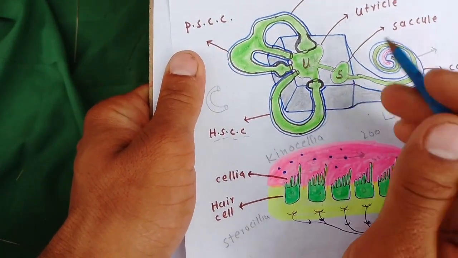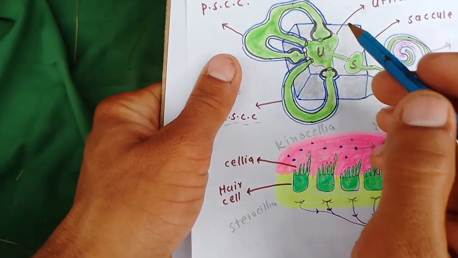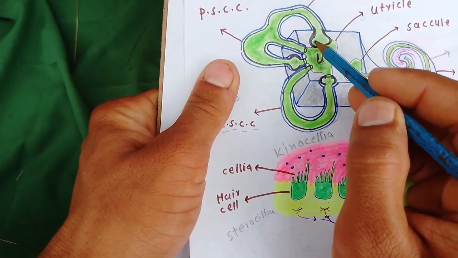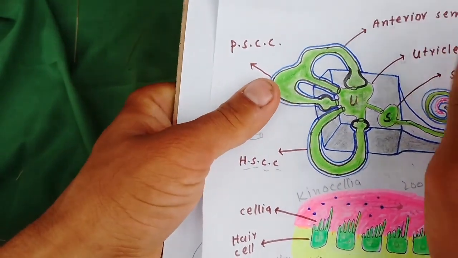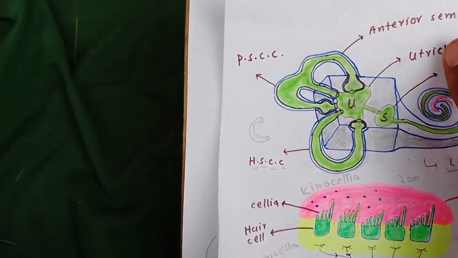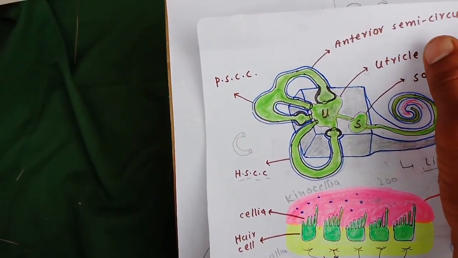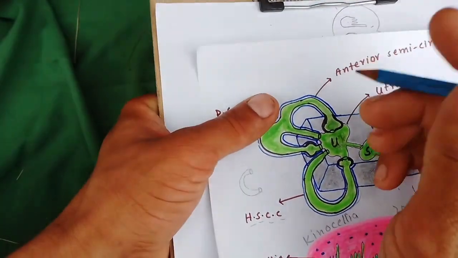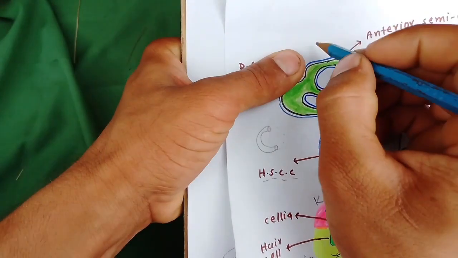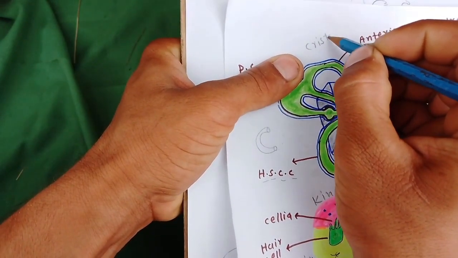The receptor organ in the utricle and saccule, as we know, is called the macula, and in the semicircular canals the receptor organ is called the crista ampularis.